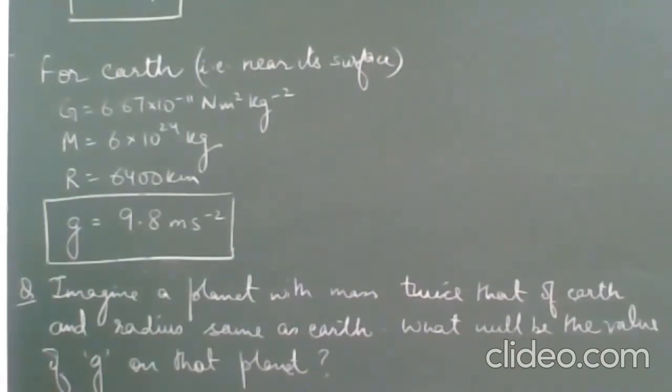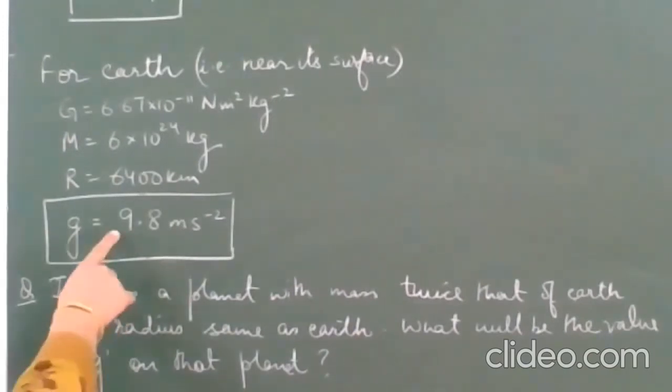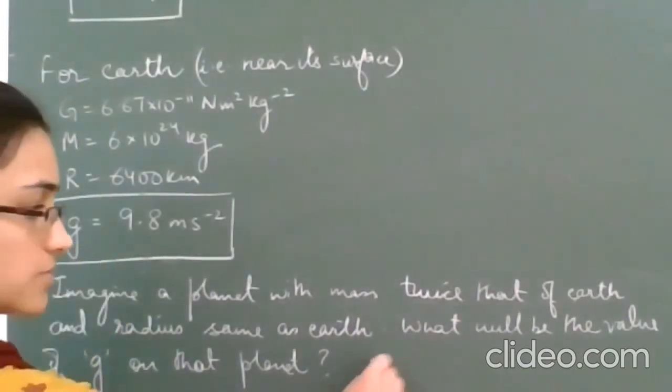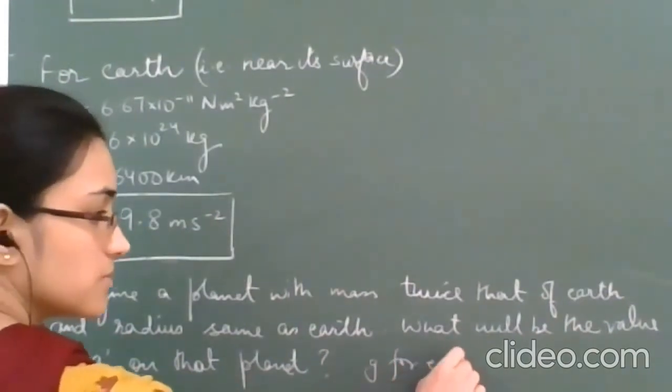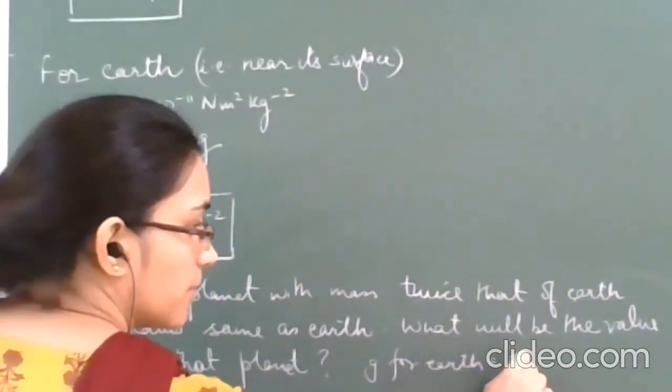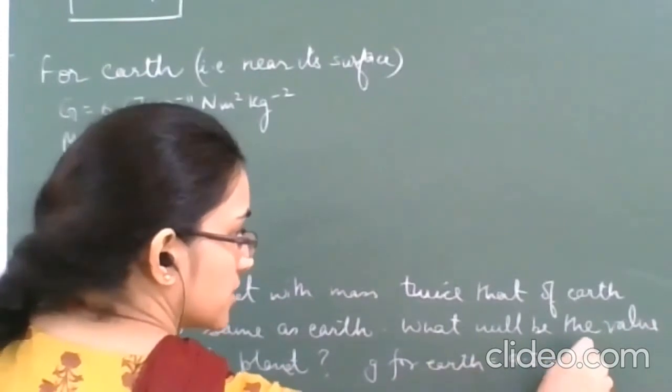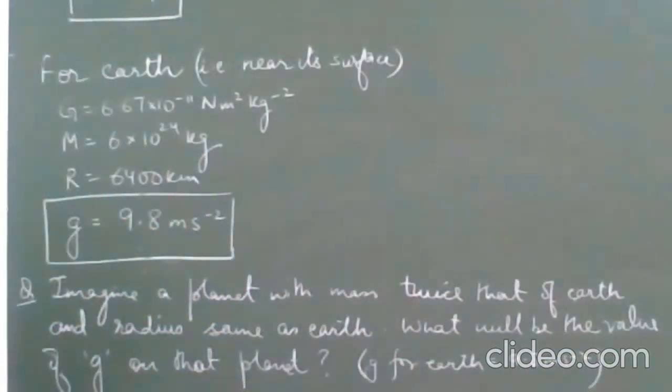You only need to keep in mind that small g on the surface of the Earth is 9.8 meter per second square, and you have to calculate the small g value on that planet.